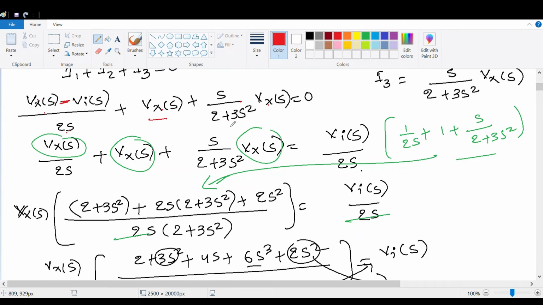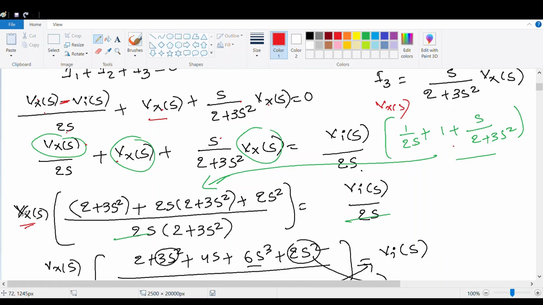After that Vx of s and s by 2 plus 3s square Vx of s. Now take Vx of s as common here. In these three terms Vx of s is there, so I just took Vx of s as common. After that we are left with 1 by 2s, 1, and s by 2 plus 3s square.